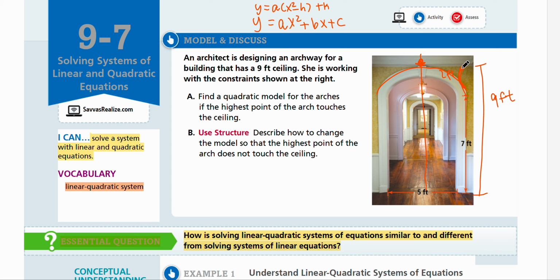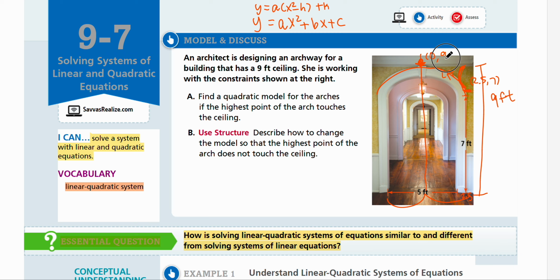So for example, if this is 7 feet tall, you know that this is exactly in the middle because it's symmetric. So then that would be 2.5, right?